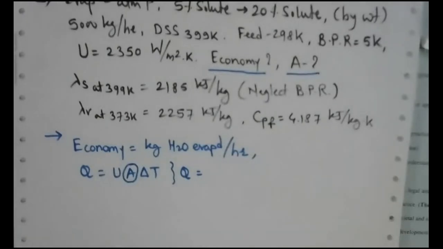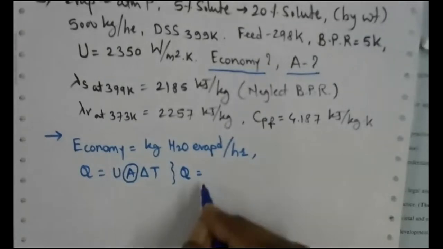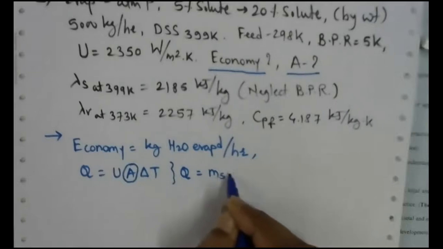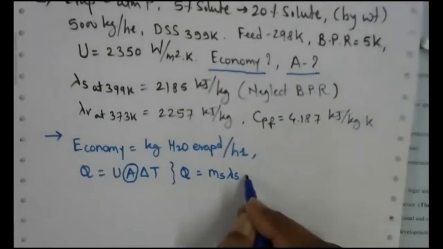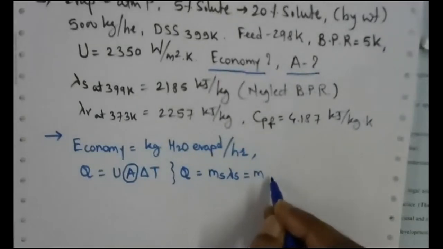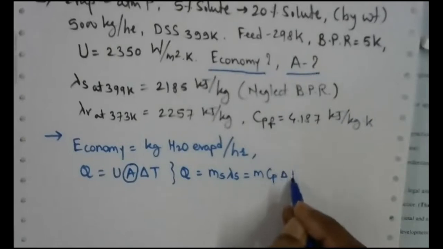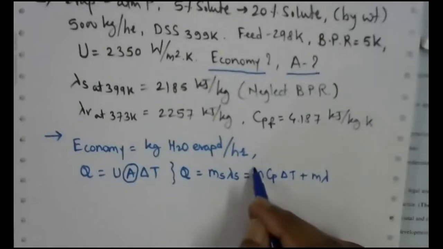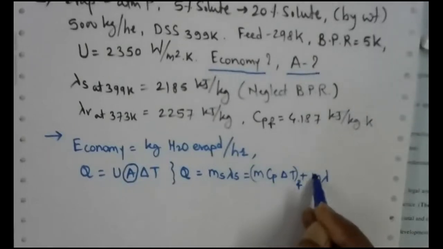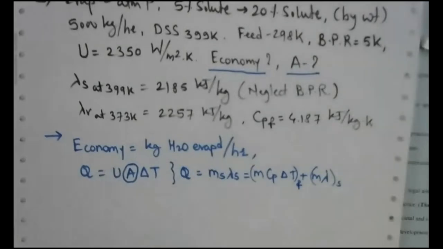So how to calculate this Q? For that purpose, we can calculate Q by the M lambda S formula, or we can calculate it as MCP delta T plus M lambda. This MCP delta T is for the feed and this M lambda is for the steam, because in the evaporator we provide the heat, that is latent heat, from the steam.